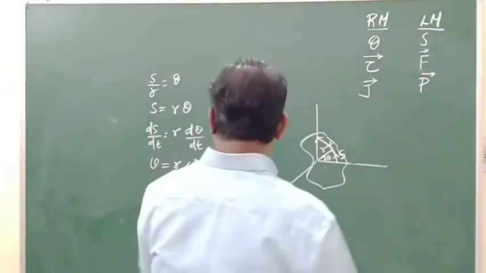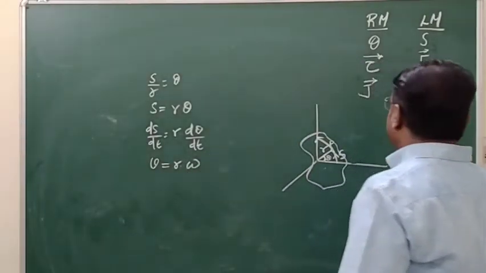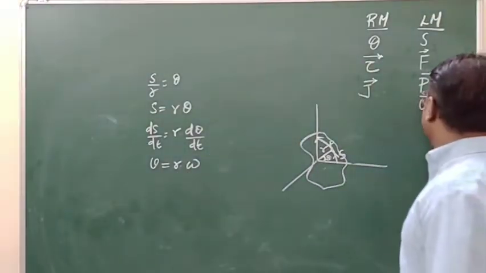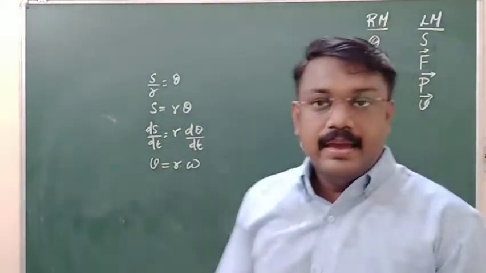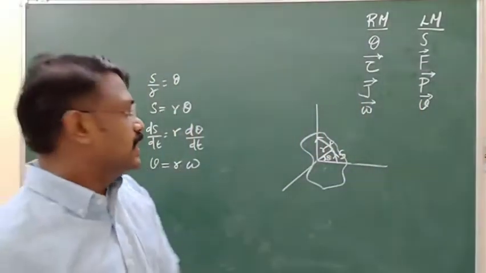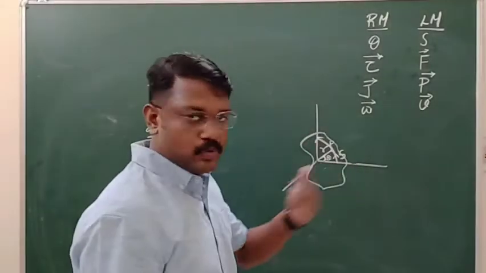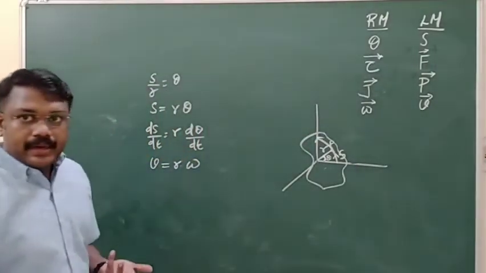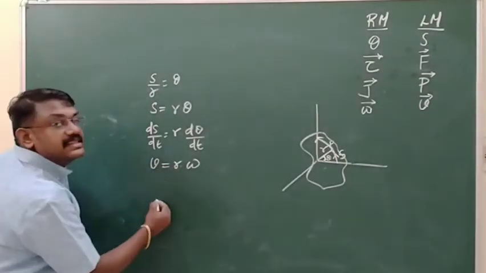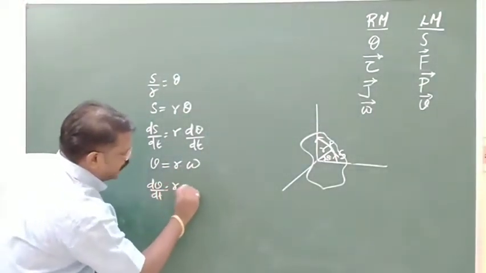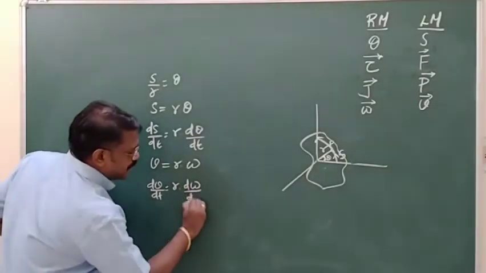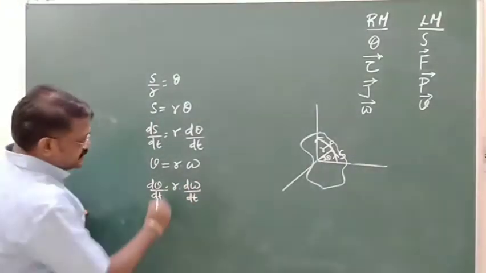So once more we have velocity in linear motion and angular velocity in rotational motion. Then differentiating this equation, you will get dv by dt is equal to R into d omega by dt. What is dv by dt?